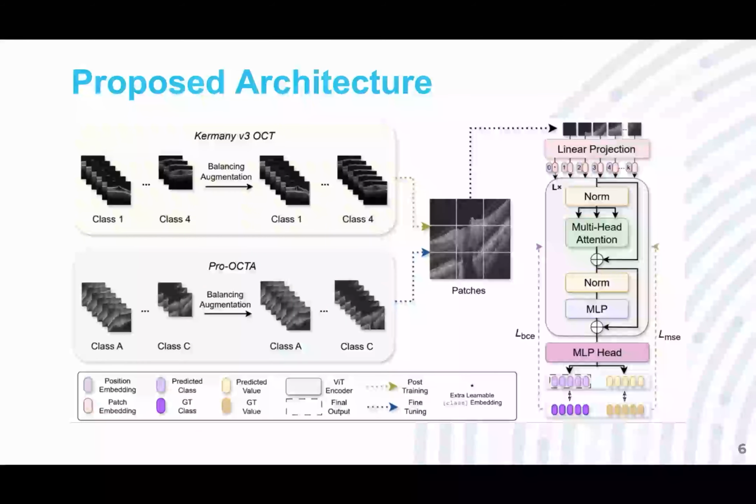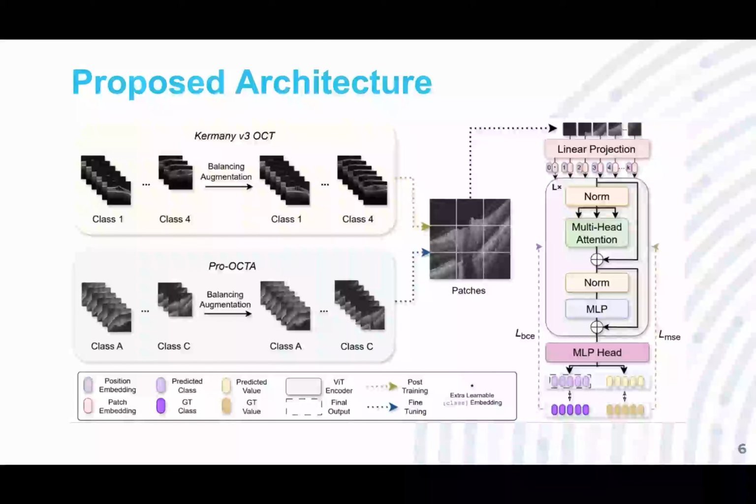During post-training, the augmented OCT images in the Command V3 dataset are divided into K patches of size 16 multiplied by 16 and processed through self-attention layers, incorporating patch and position embeddings.